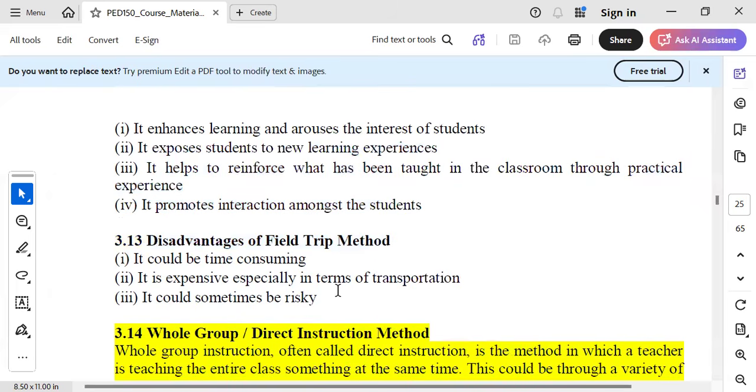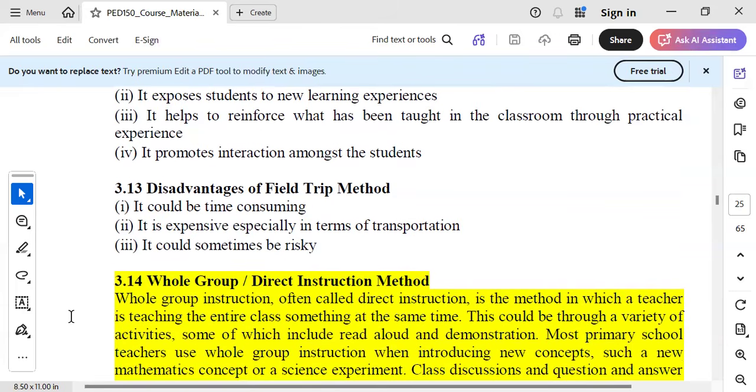Imagine how much time, resources, and energy you put into setting up the trip, and then traveling down is another time consuming part.